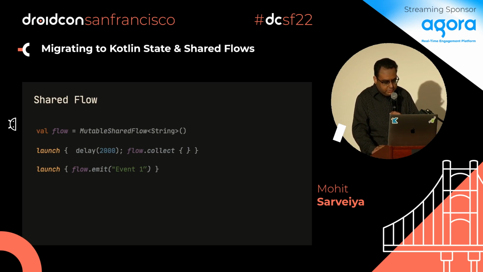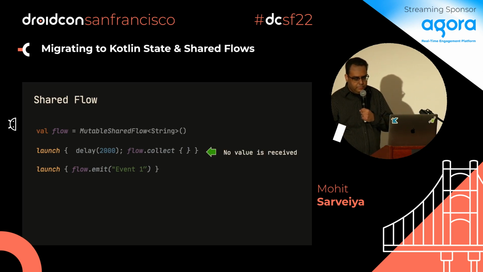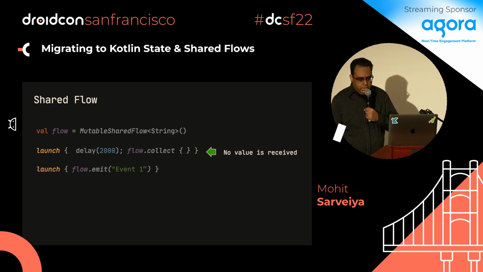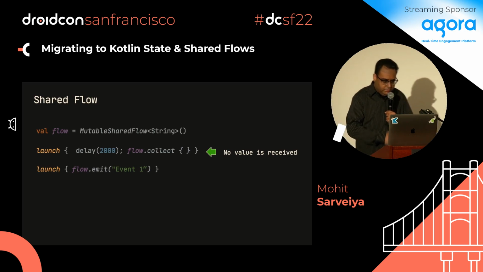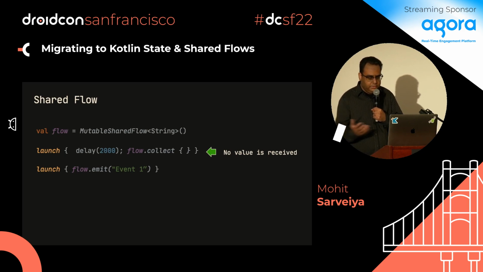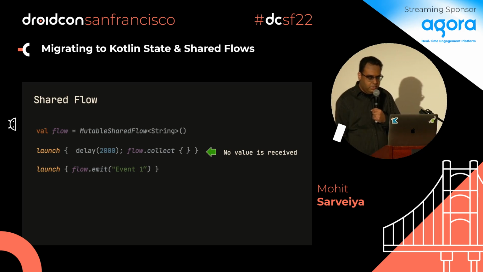Does the other subscriber receive a value when it goes to collect from the flow? It doesn't receive a value at all. And why it doesn't: when you push to this shared flow, in this example, the subscriber count was 0 because the other coroutine was delayed. It didn't subscribe to the flow at all.